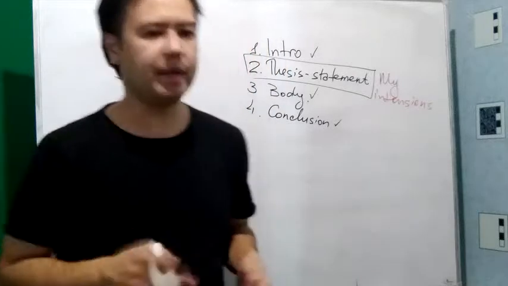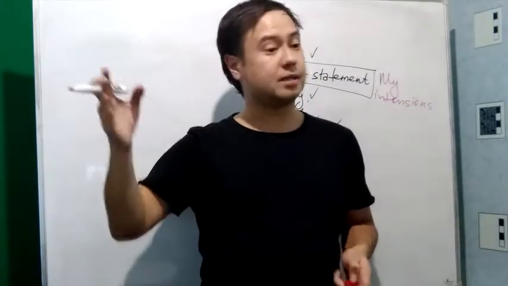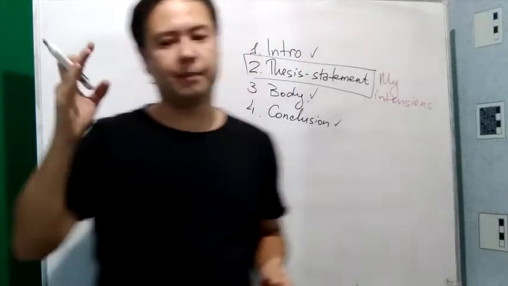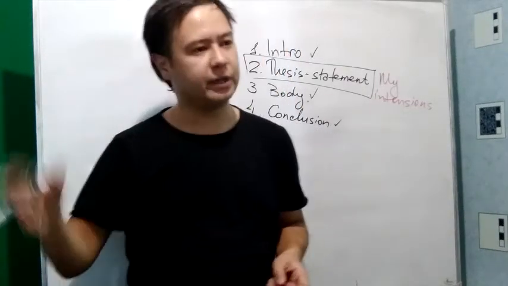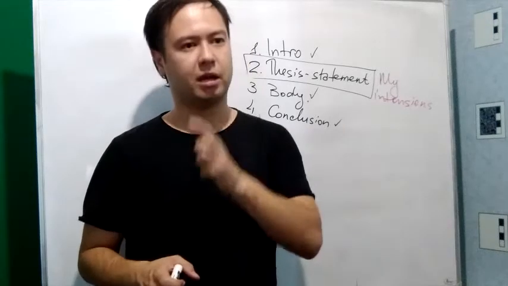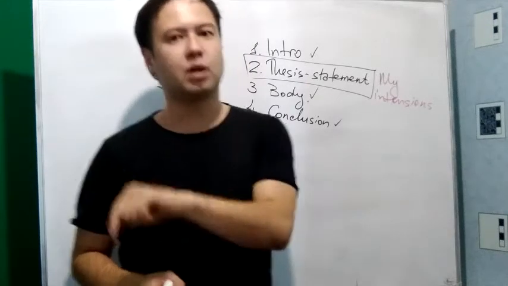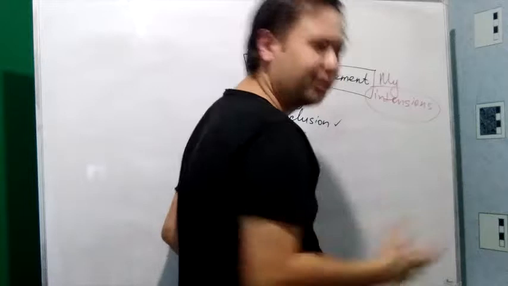For example, you may include something like, in this essay, I'm going to describe the fact that a lot of people have the freedom nowadays to work and travel anywhere they want. I will provide the pros and cons to this question and will draw a conclusion. So this is your intentions. What are you going to do in this essay?